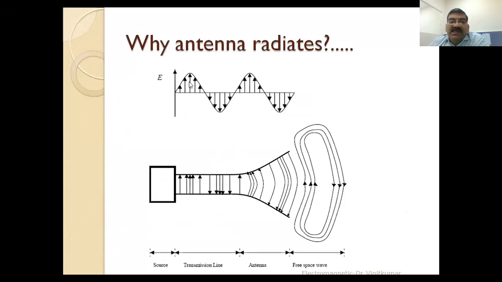The difference here is that this is a source and this is the transmission line. This is the transmission line and this is your antenna, and it radiates. This way the electric field is converted into radiation, producing a wave in free space. This way it gets radiated. This is a very basic concept.